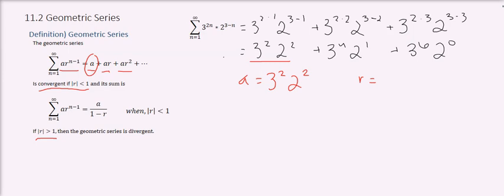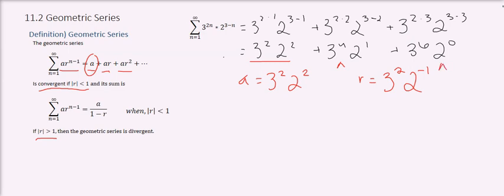So from our first term to our second term, we see that 3 squared is going to be multiplied by a 3 squared, and we're going to get 3 to the 4th. And then our 2 squared is multiplied by 2 to the negative 1 to get 2 to the 1st. Looking at our third term, we see that that pattern repeats.